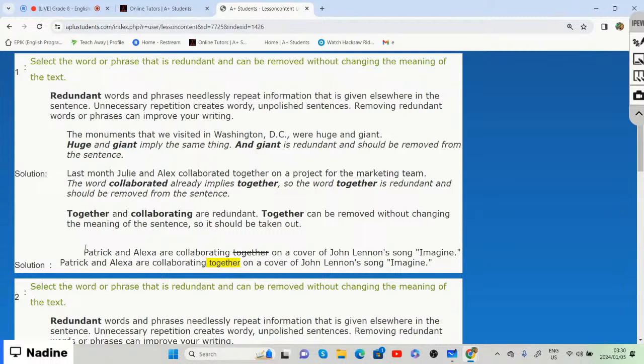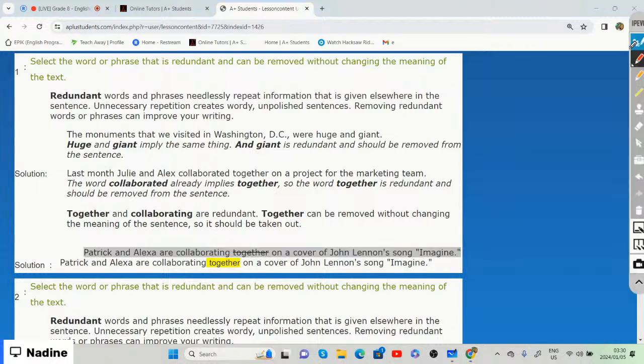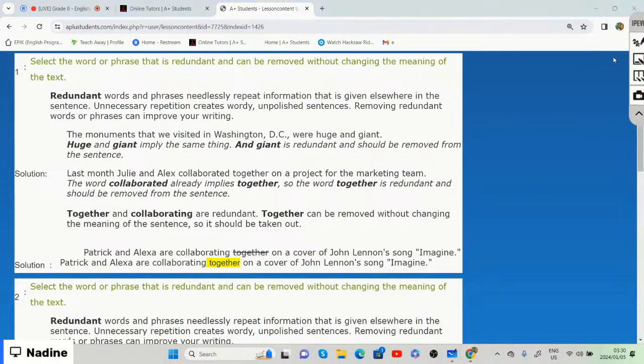Even here, it says: Patrick and Alexa are collaborating together on a cover of John Lennon's song Imagine. And we said that the word together means the same as the word collaborating.